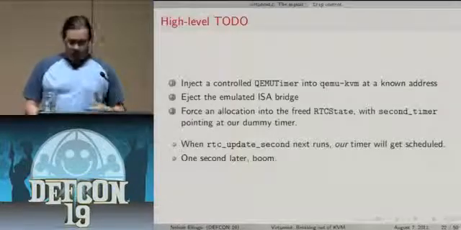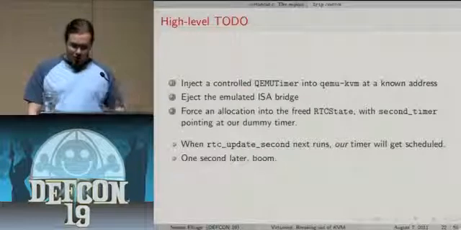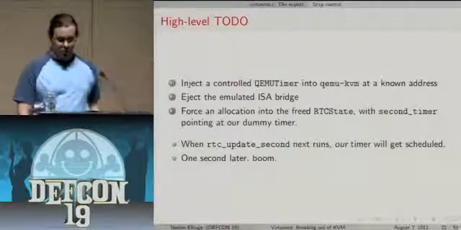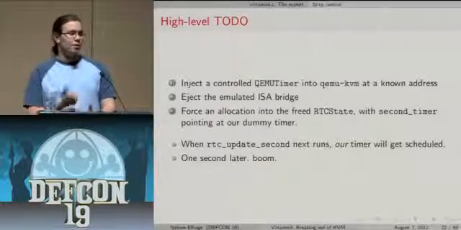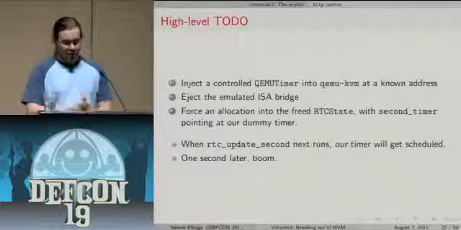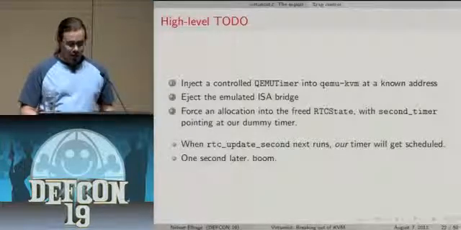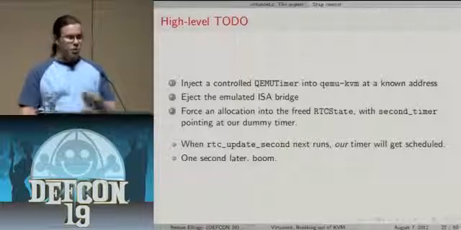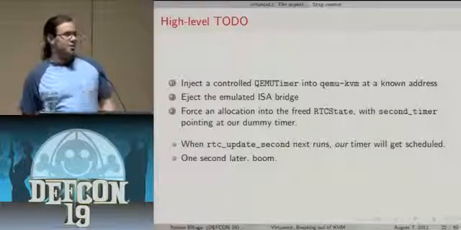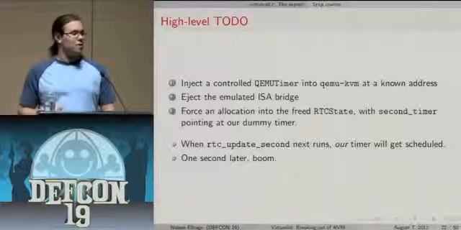So for getting RIP control, the high level plan is fairly straightforward if you look at how the code works. We're going to need to create a fake QEMU timer object that we control, and inject that at a known address. Then we'll trigger the eject. We'll drop the ISA bridge, and then we will force an allocation into the space previously occupied by the RTC state structure that points that second timer field at our timer.